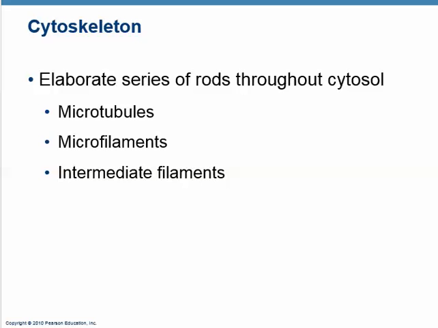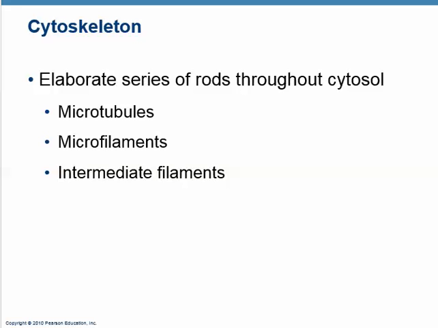The cytoskeleton is really a bunch of microtubules, microfilaments and intermediate filaments that give the cell a specific shape. It's probably useful to think of microtubules to be like little pipes and tent poles, as it were.